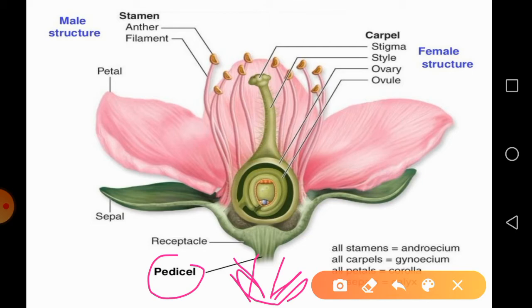Then above the pedicel if you go, we are having a green colored swollen and expanded tip on which the four whorls, that is sepal, petal, then androecium and gynoecium, arise, or they sit on that base. So that green colored base is called a receptacle, okay.